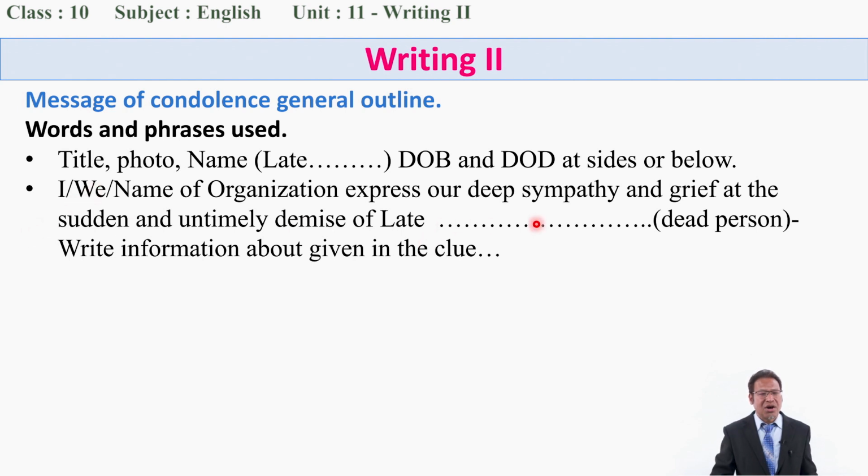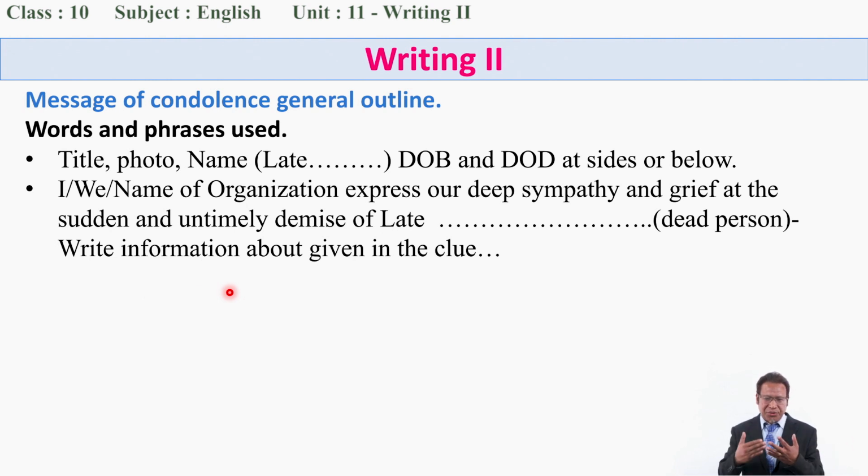We express our deep sympathy and grief at the sudden and untimely demise of. Can you remember? We express our deep sympathy and grief at the sudden and untimely demise of late someone. Good. Then write the information given in the clue, and after that, make a comma and write the information about that person as you have seen.